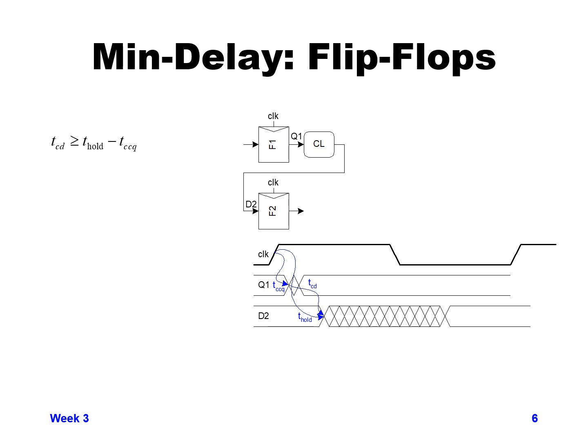So your generating flop contamination delay clock to Q minus your hold time of your receiving flop is the amount of time that you need to have going through your combination delay to not fail this min delay check.